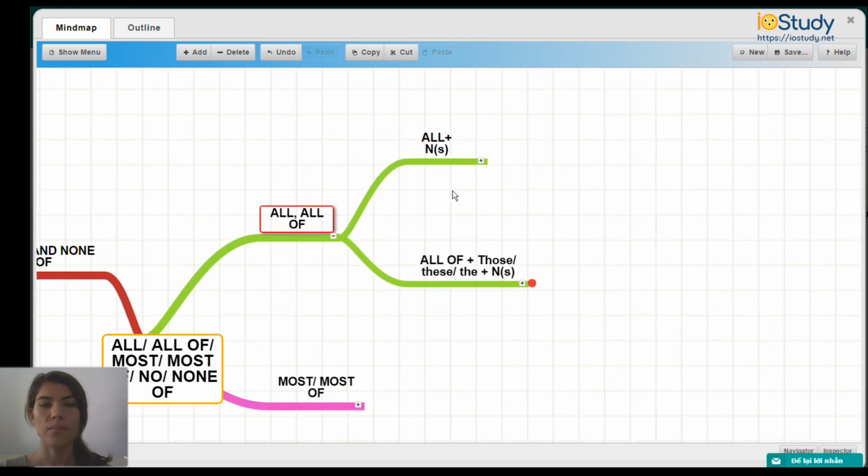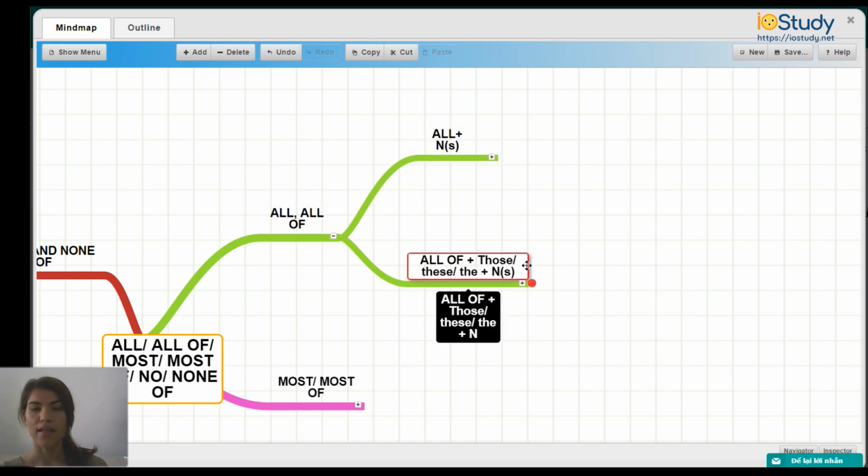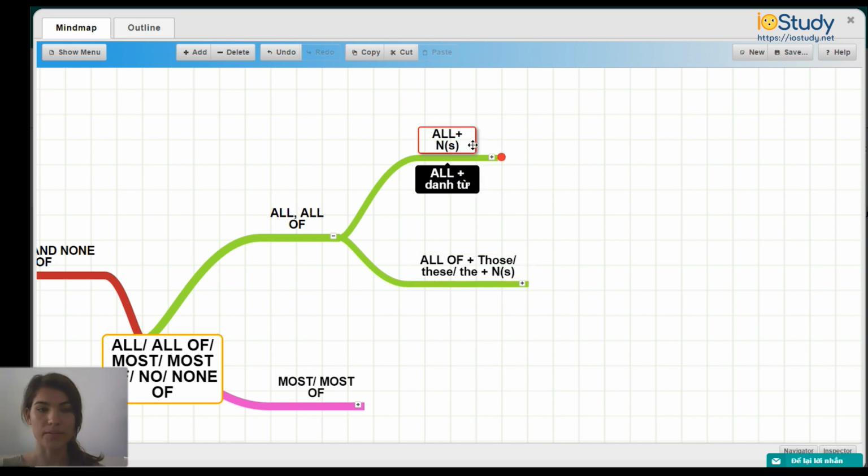So we use all plus a plural noun, noun with S. And we use all of plus those, these, the, plus a noun with S. So let's look at some examples.